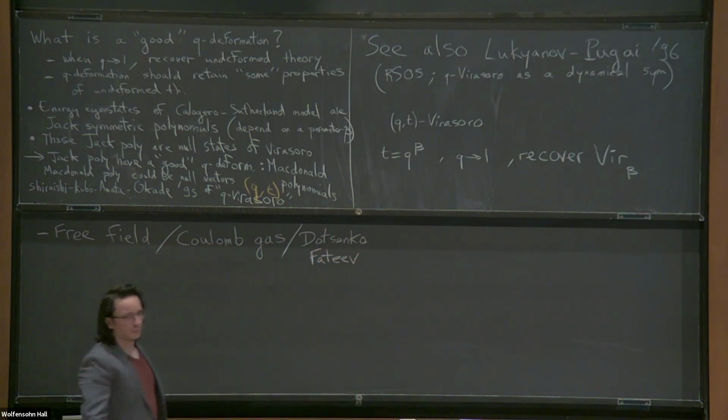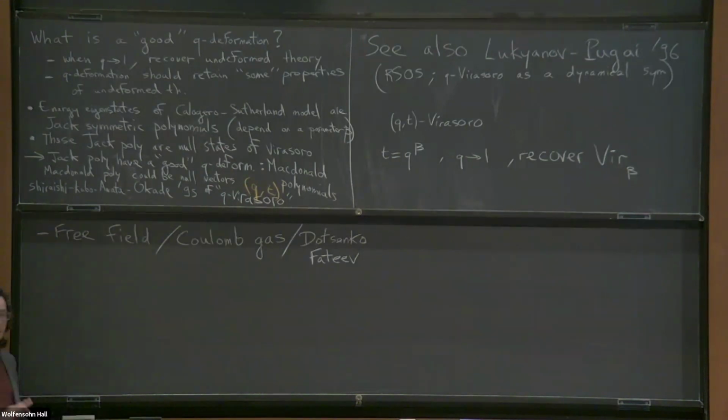The community that cared about this question was almost exclusively Japanese and Russian. So 99% of the names I'll mention will be Russian or Japanese. And then it got a bit broader, but that's the idea.